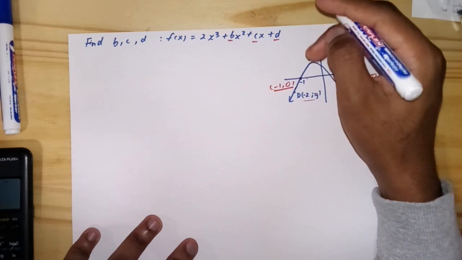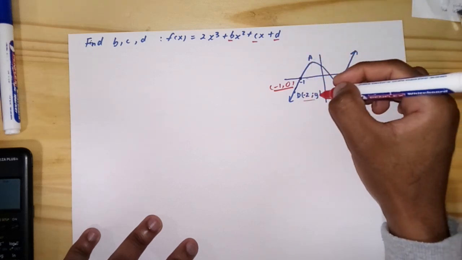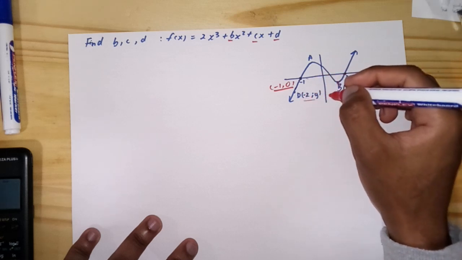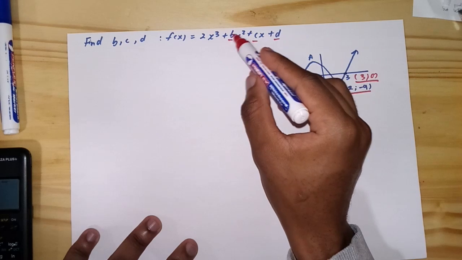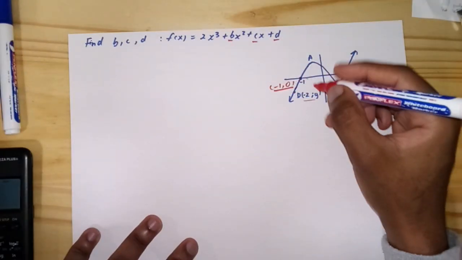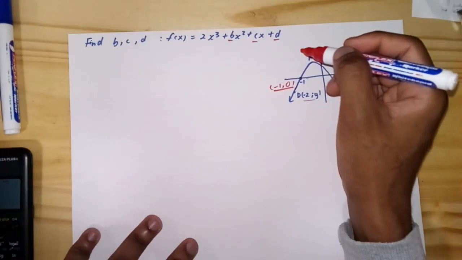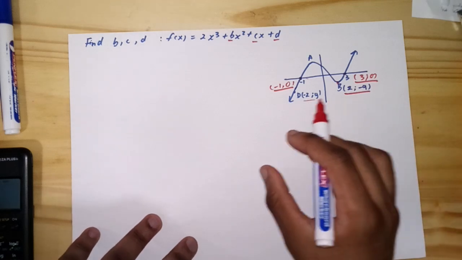You can still salvage some marks by finding this one, since they would most likely have given you the answer to what B, C, D were as part of another question. So you would just use that expression to find this. So that's a clip right there.